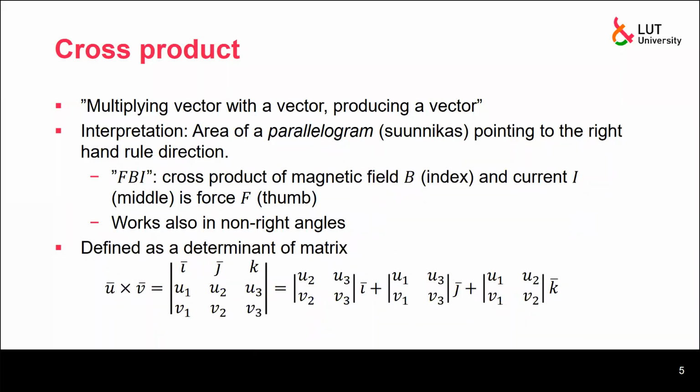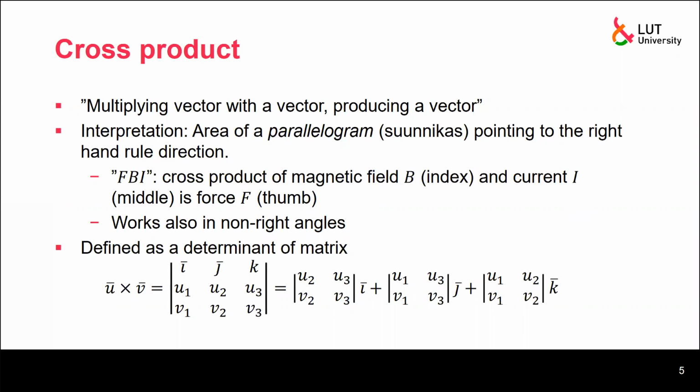Actually, that's something I hadn't learned before, because it turns out that our old maths teachers in Finnish high school weren't too interested in FBI. But yeah, the force is here the end result of the cross product, and then, okay, magnetic field and current. So this is one way to remember.